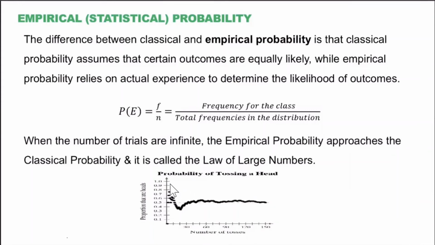But there is one thing. Here is a little graph you can see. You can also look at this in your note catcher. This is the graph showing the number of times you toss a coin and what percentage of the time you are getting a head. So for example, you perform one set of experiments, maybe 100 times, and you get like 75% of the time heads. The second time you perform the experiment, you get like 65% of the time.